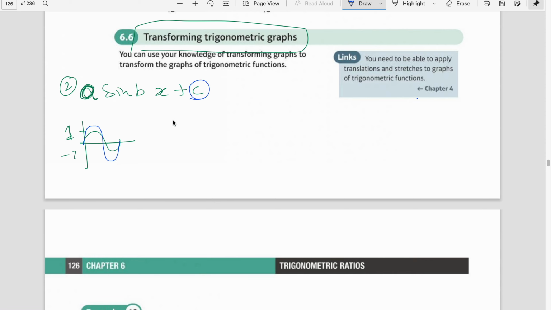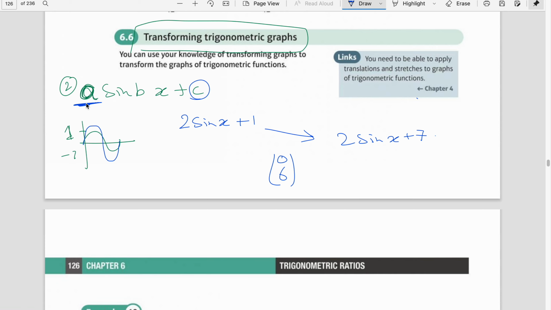What happens when c changes? This is again a transformation. We call it translation. For example, when we move from 2 sine x plus 1 to 2 sine x plus 7, what is actually happening? This graph is moving 6 units upwards, so we can say it is a translation of (0, 6).